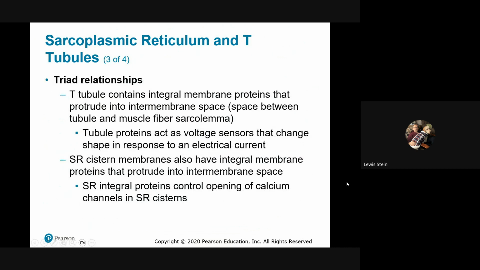What allows the calcium to be released is that the signal travels rapidly down that transverse tubule. It triggers a little voltage sensor, like a light switch, and snaps it. And when that snaps, it allows the cistern to open its doors and allow calcium to flood the cells.